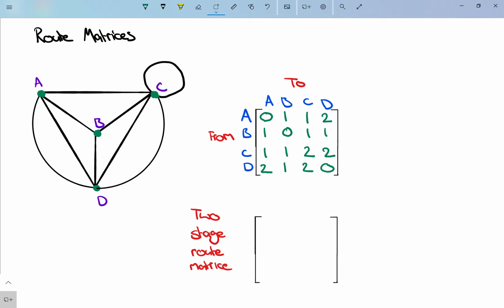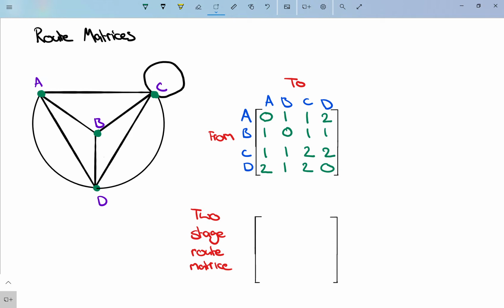Now the thing I want to talk about now is how you do 2-stage root matrices. They can be quite complicated to do, especially in bigger networks, if you just work them out by hand. So I'm going to show you how you would work out going from town A to town A and how many possible ways there are to do that. Looking at this diagram, you could start at town A, go to C and back.